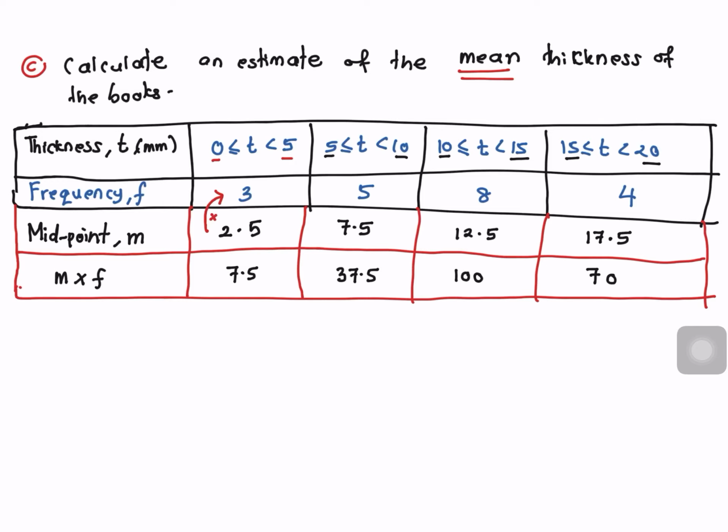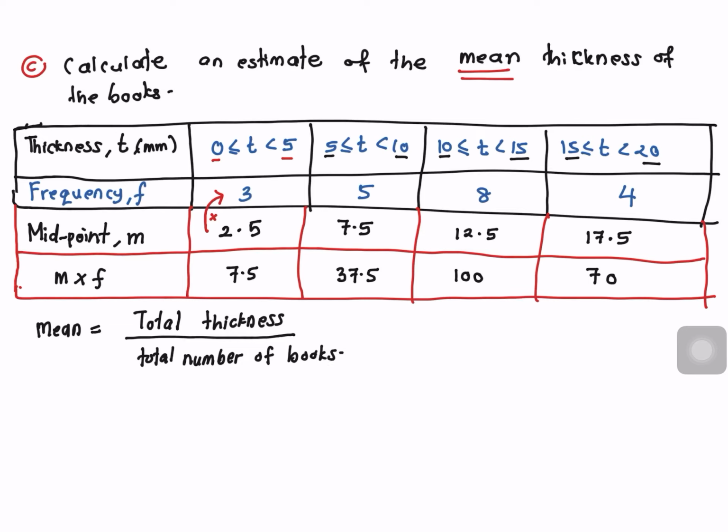Right, after that, the mean. Okay, right, just now you need to find the mean, right? So mean is equal to the total estimation, total thickness, over total number of books.